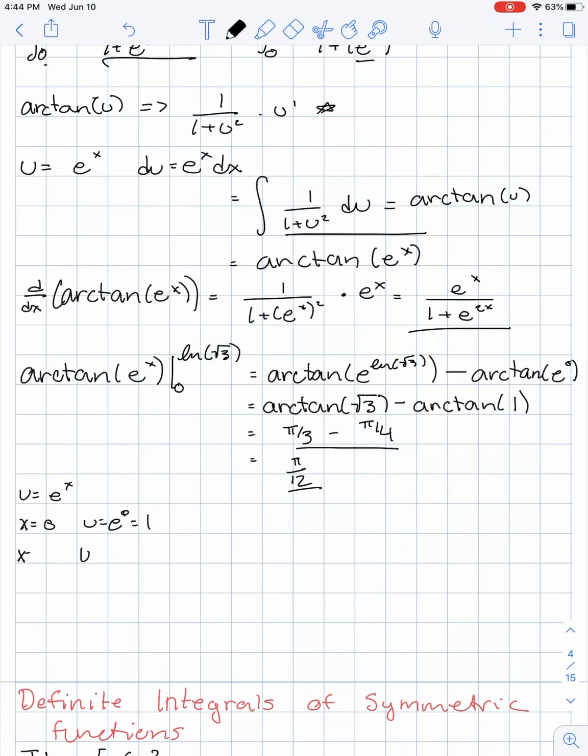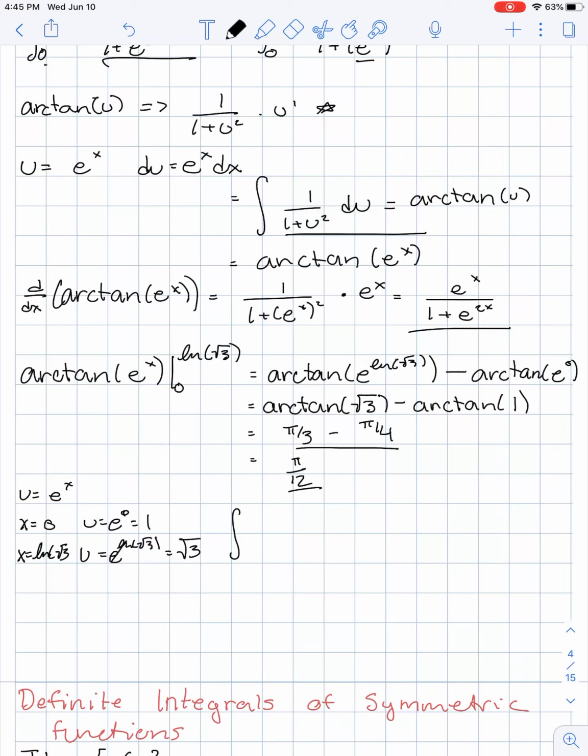And when x is ln square root of 3, u equals e to the ln square root of 3, which gives me, those cancel out, the square root of 3.